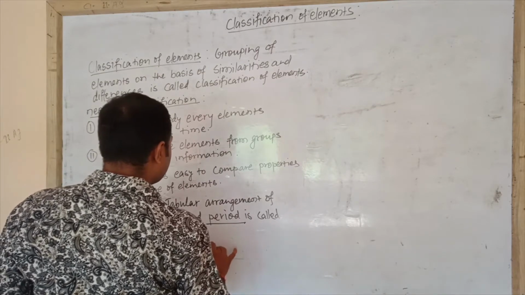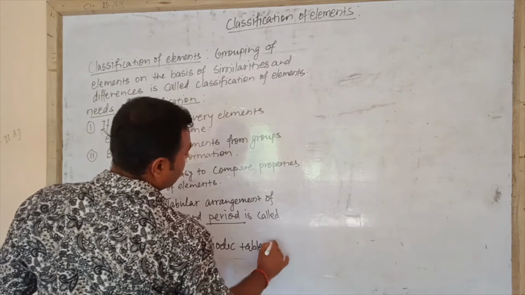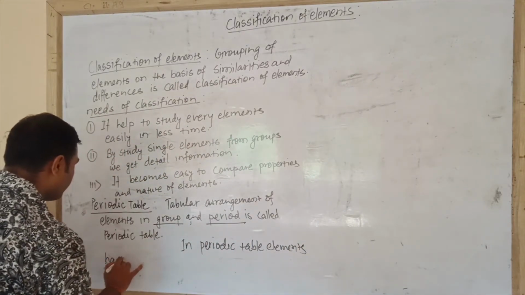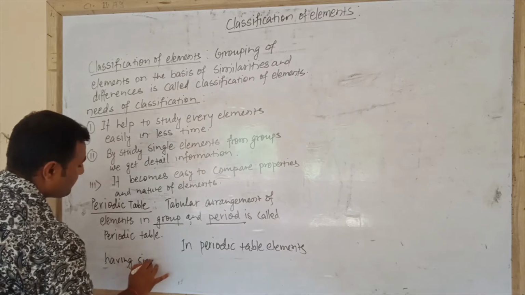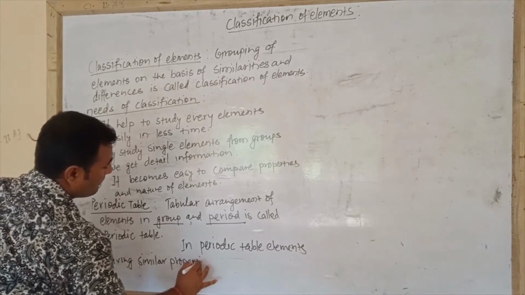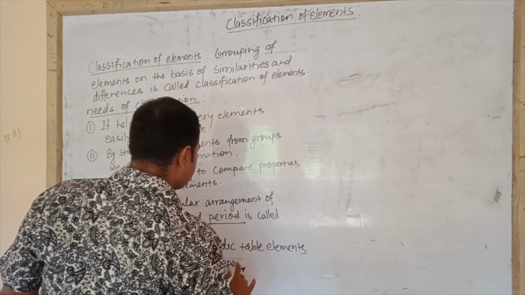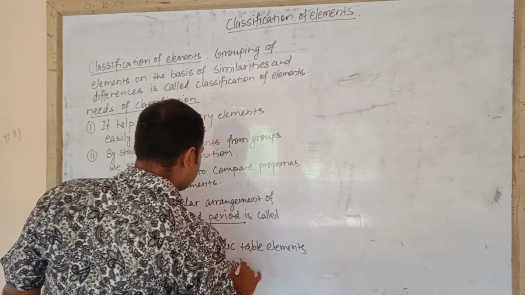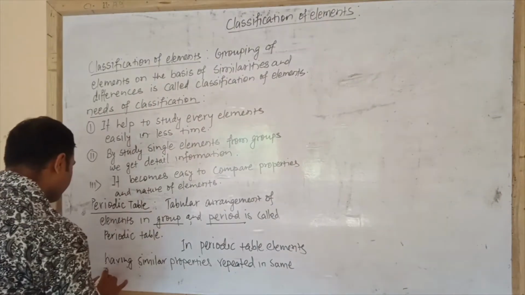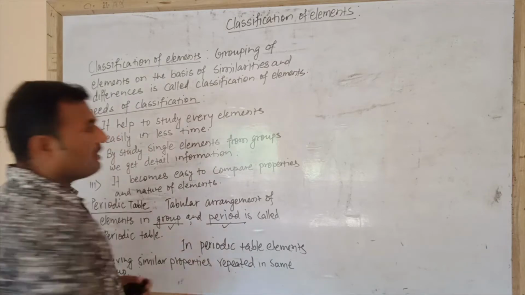In the periodic table, elements having similar properties are repeated in the same group, and here the two terms group and period are developed.